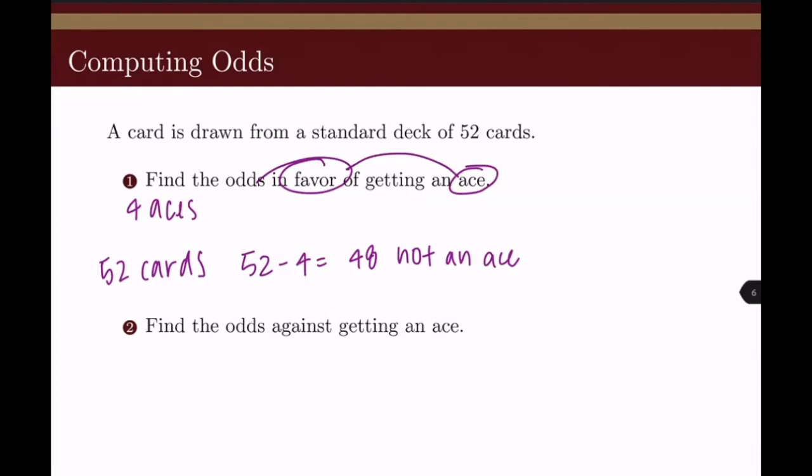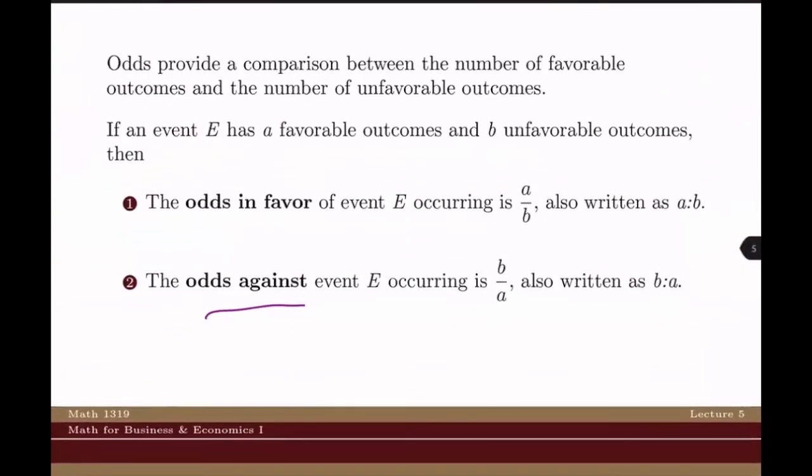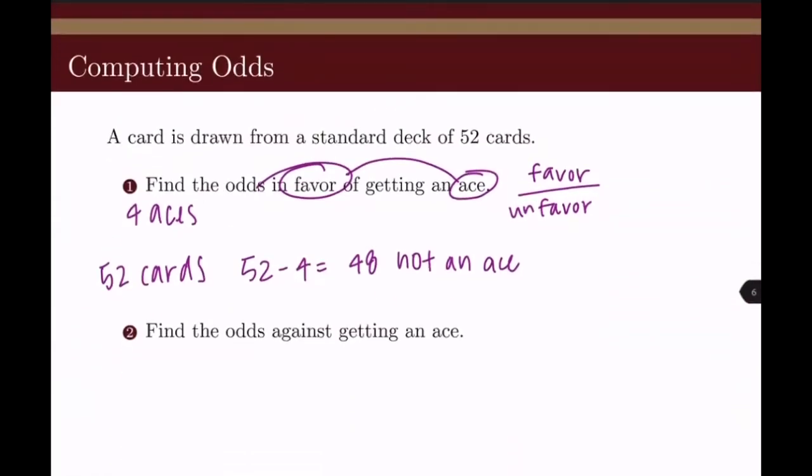So that means I'm going to have my favorable divided by unfavorable according to this formula, right? A favorable, B unfavorable, A over B. So that means I have 4 over 48, which is equal to 1 out of 12. And you can also write it as 1 to 12.